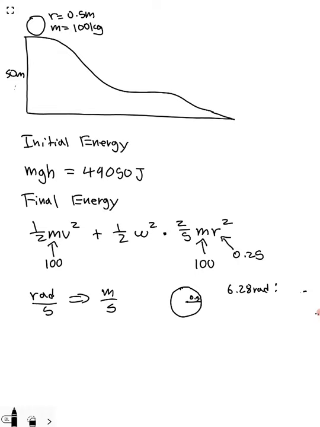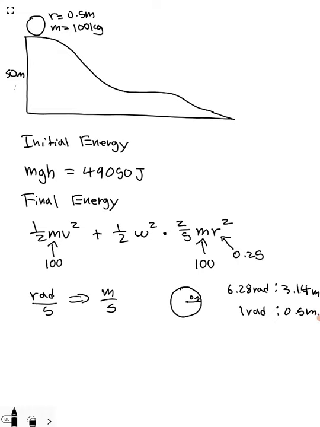In this case, it's going to be 3.14 meters. We're converting radians into meters, so we want to know how many meters are in 1 radian. Now you can just do a cross multiplication: 1 times 3.14 divided by 6.28. Oh look, 0.5 meters is the same as 1 radian.